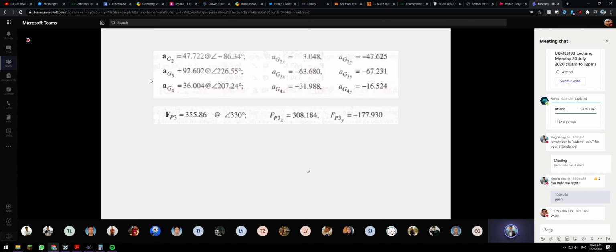Okay, so again, the accelerations are given. So this one is the correct one. So 47.7 at the angle. So again, we can find x and y for AG2, AG3, AG4, and FP3. Just use the angle given in the questions. Then we can find FP3x, FP3y.